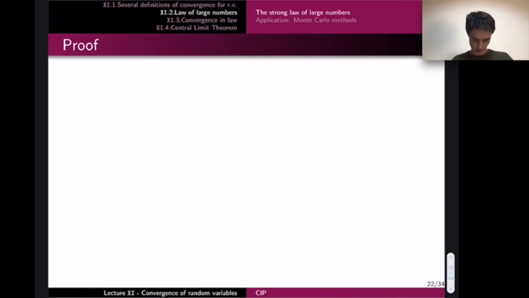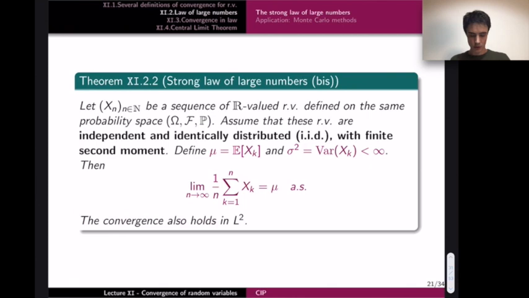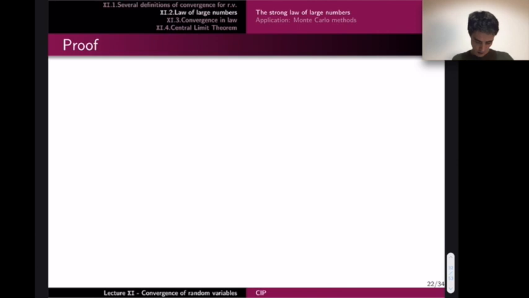So we will prove only the L2 convergence, which implies convergence in probability. When we have convergence in probability, this is referred to as the weak law of large numbers.